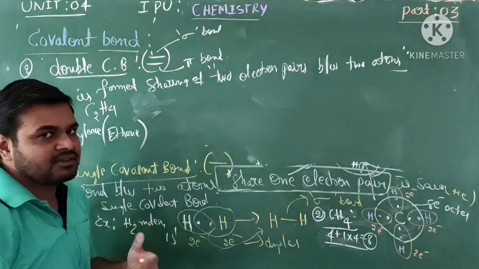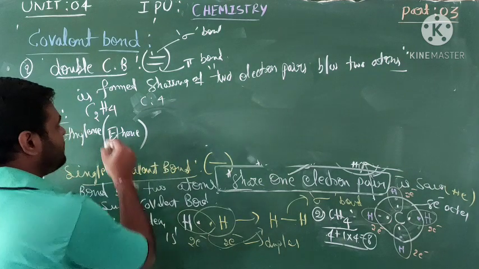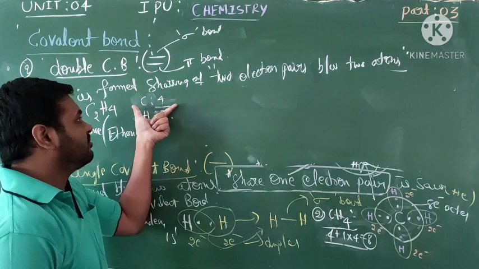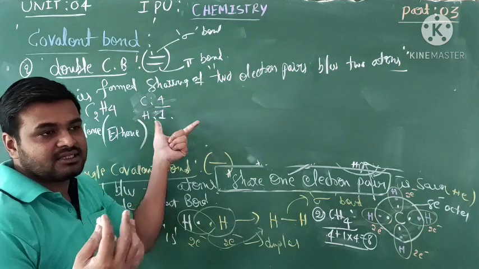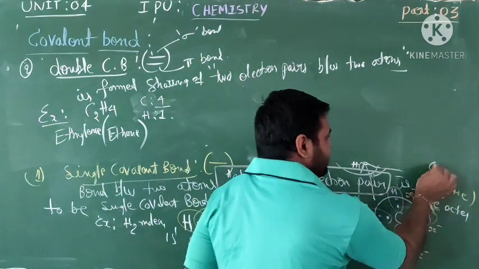Carbon's valence electrons are 4, and hydrogen's valence electron is only 1. Carbon has 4 electrons, plus 4 more electrons to complete the octet rule.